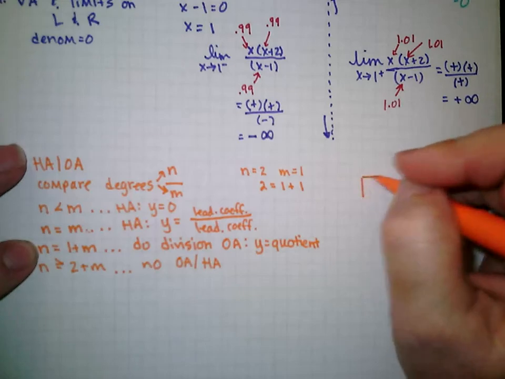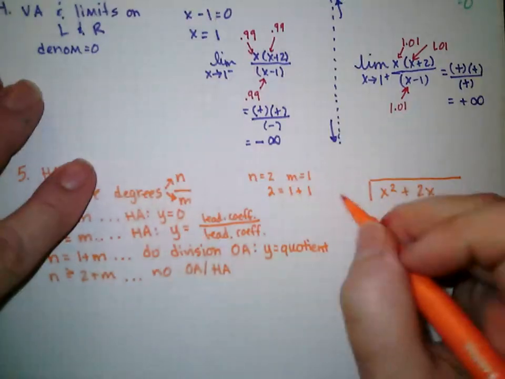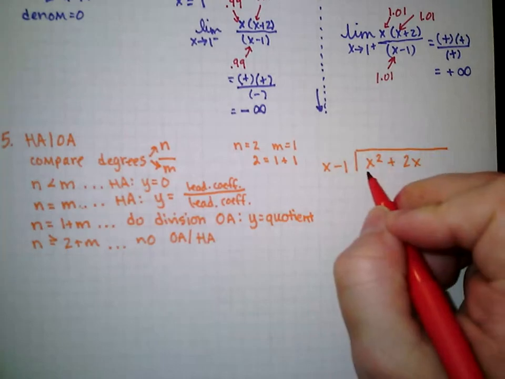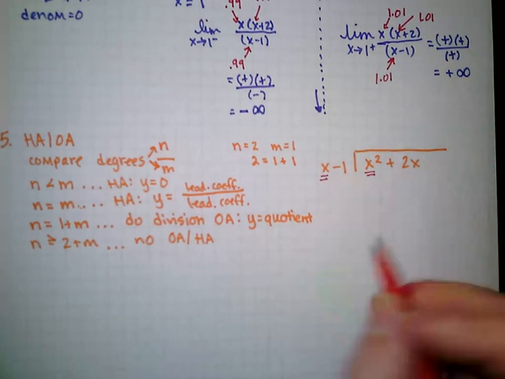Okay, good stuff. So we're going to start by putting the numerator inside the division symbol and the denominator outside. And I will run you through a long division problem. We start out by taking the first term in the dividend over the first term in the divisor.